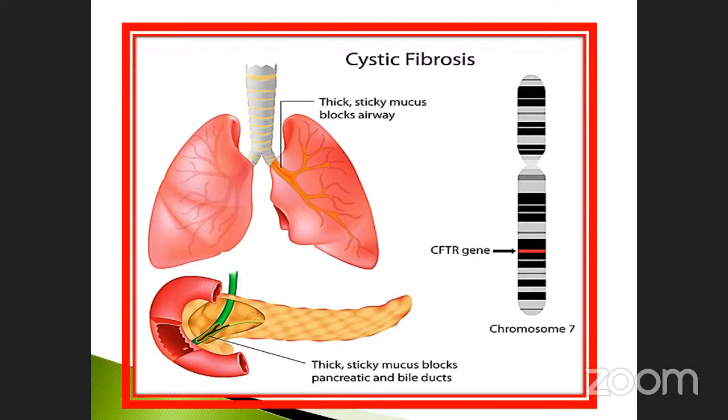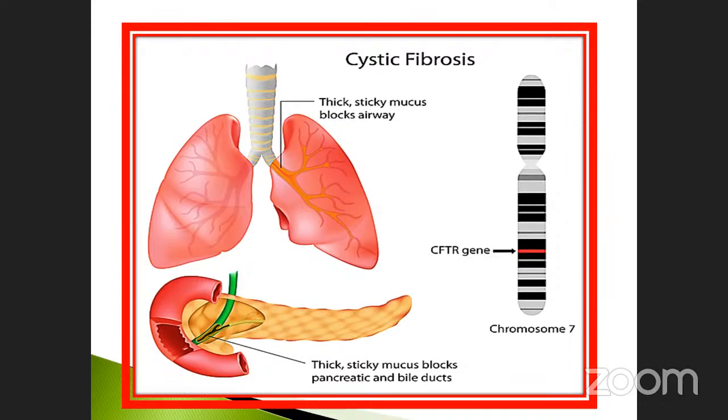The thick, sticky mucus blocks the airway. Suppose in a portion of the bronchi the airway blockage takes place, the flow also suffers. Which gene? Which chromosome? The 7th chromosome. Don't forget, my dear students. The 7th chromosome is responsible for cystic fibrosis.